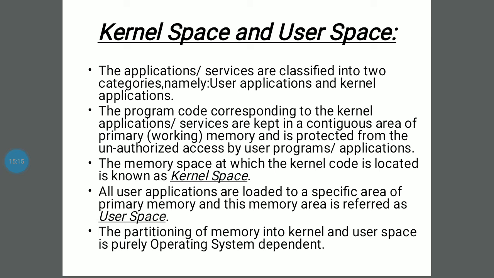So such a memory space is considered the kernel space. So there are certain services or applications that must be protected from unauthorized access, and those will be stored in the contiguous memory, which is considered the kernel memory. All user applications are loaded to a specific area of primary memory, and that memory is referred to as the user space.